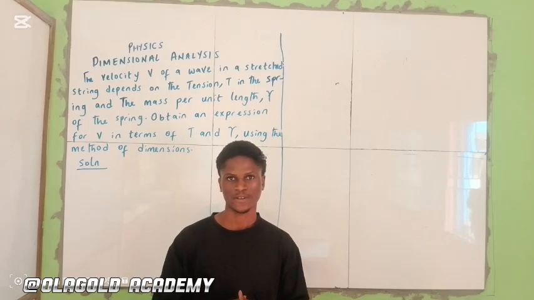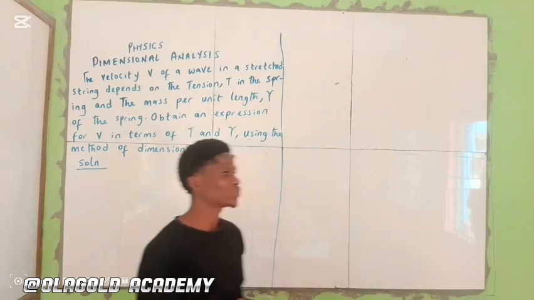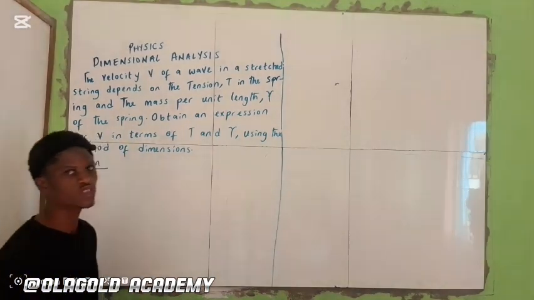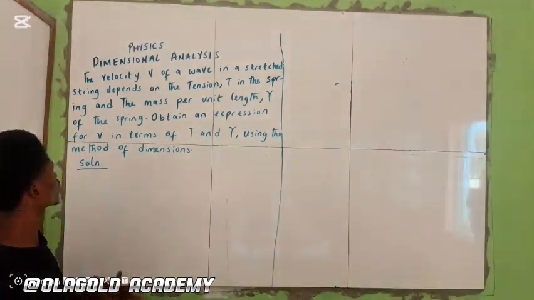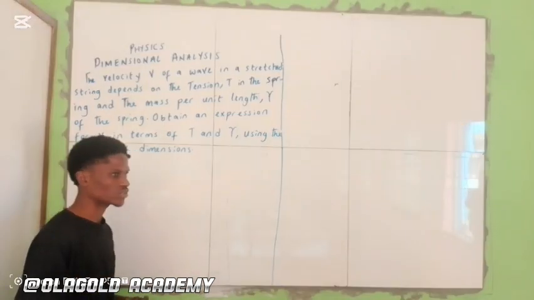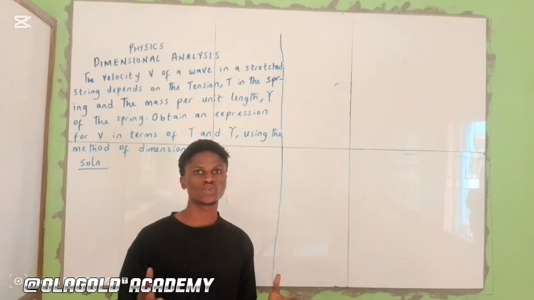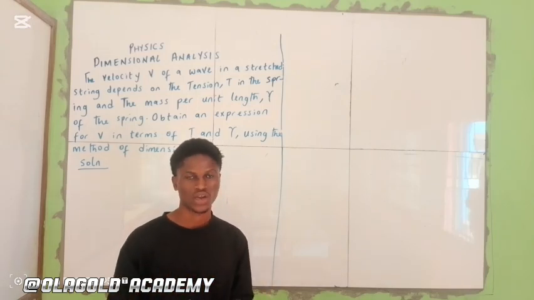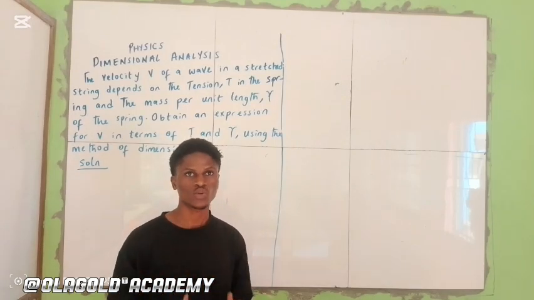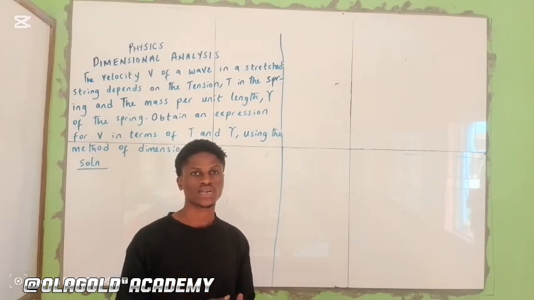So on the board, we're having a topic in physics, which is dimensional analysis. Before this video, we have done a previous video on dimensioning, how we dimension physical quantities, how we express them in terms of mass, length, and time.